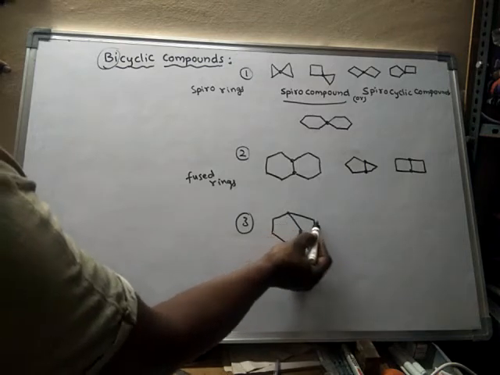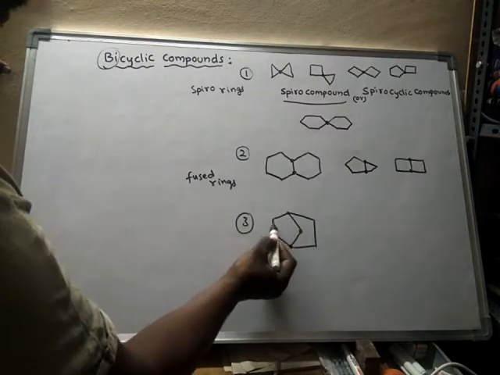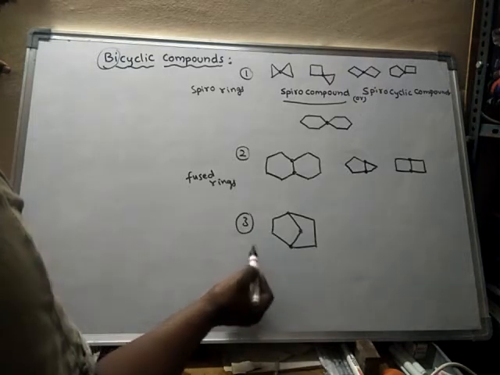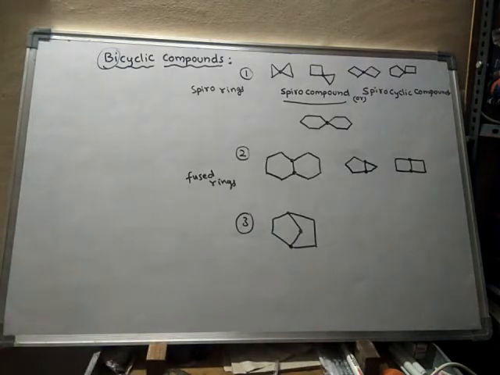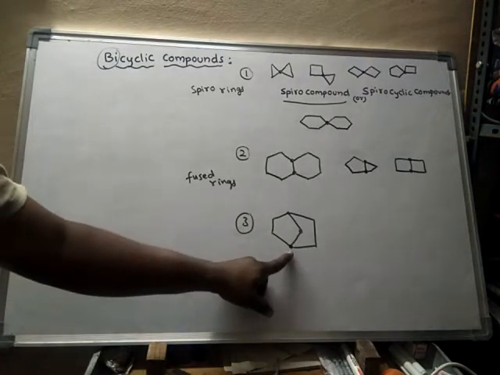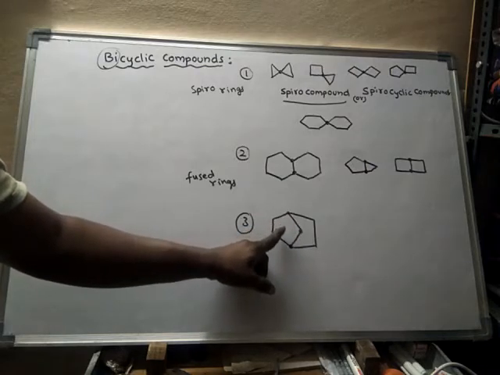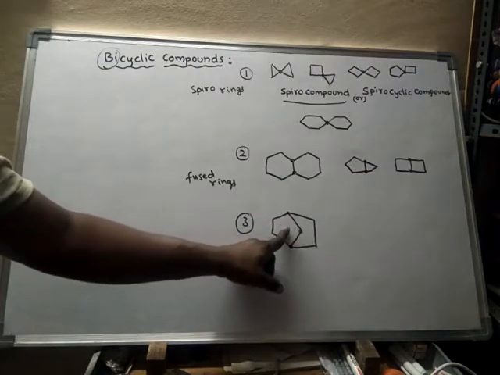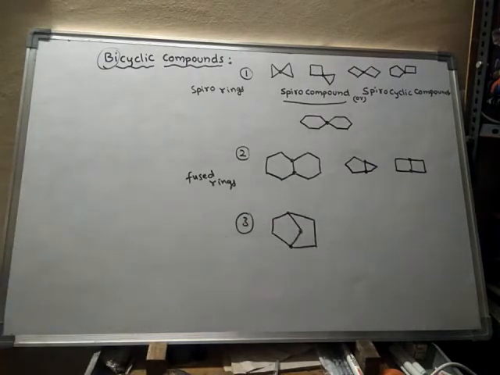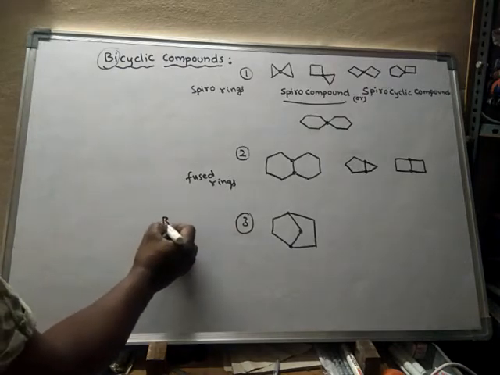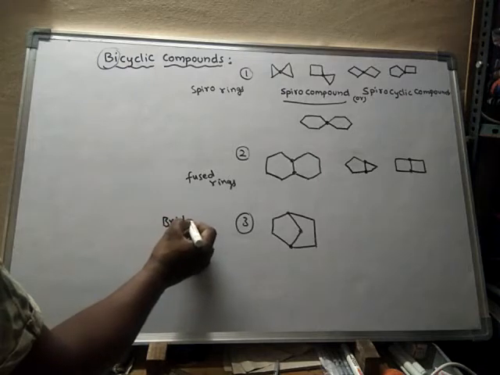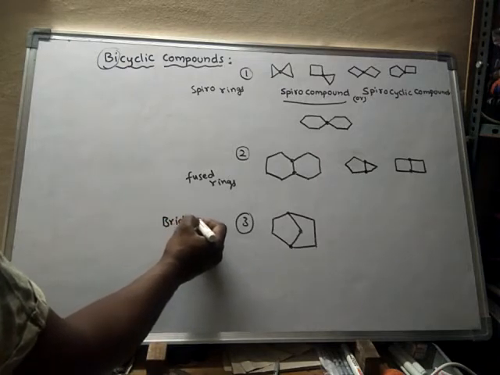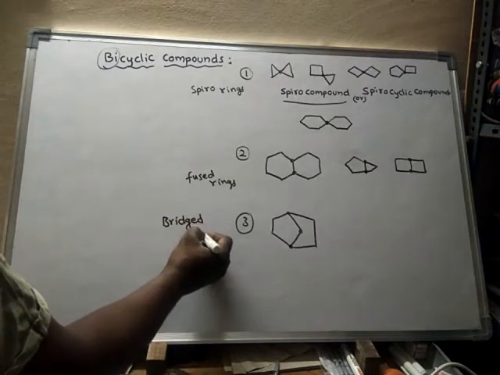This carbon is also part of this ring as well as this ring. So like this, even this carbon. If more than two carbons are shared by two rings, then such rings are said to be bridged rings.